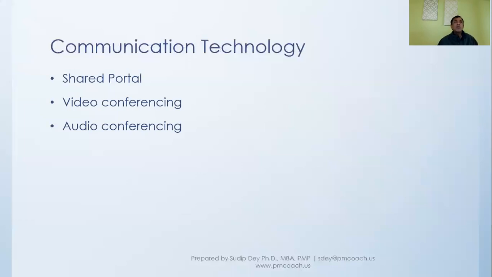Audio conferencing is, of course, much easier today, much easier than video conferencing. And a lot of times, you will have audio conferencing to keep the team together. And then finally, email and chat, that will also be one of the technologies that will be used extensively today. So these are the 4 communication technologies that we use to keep the team together.